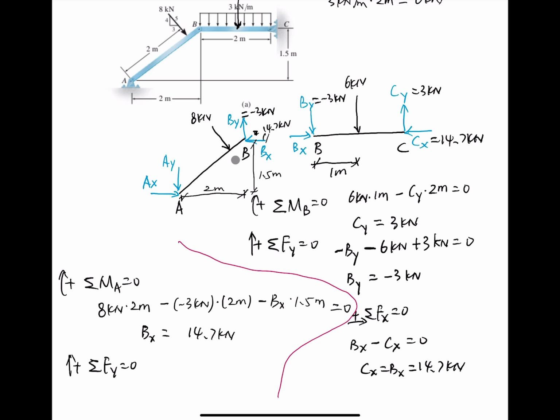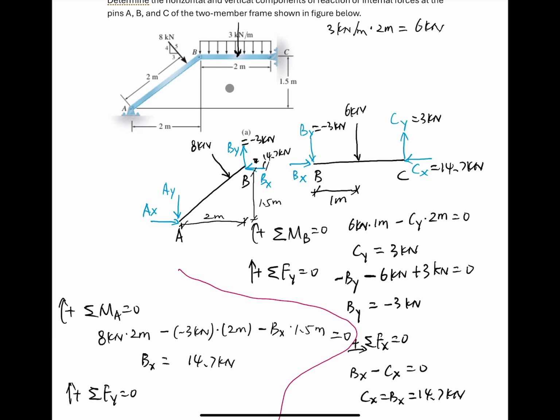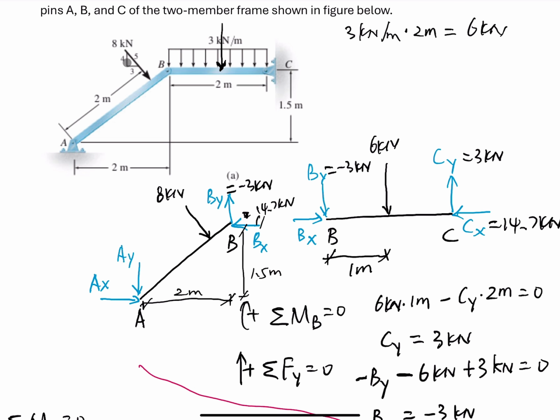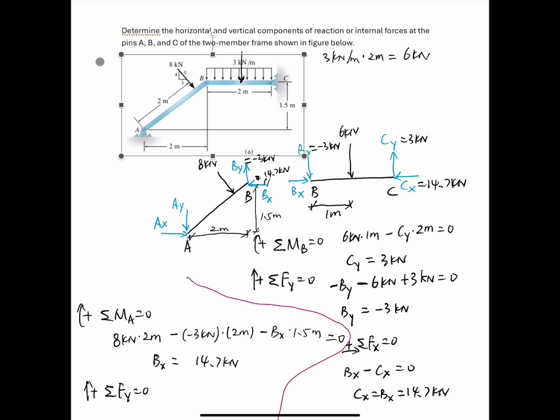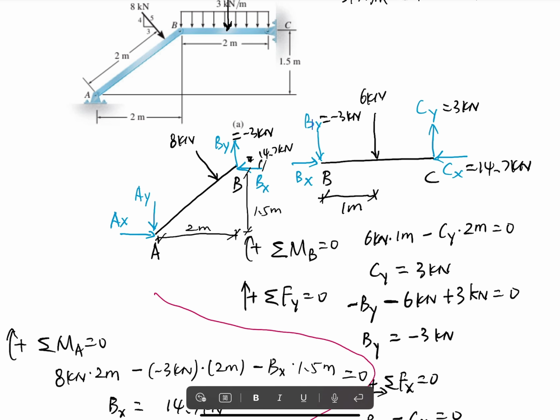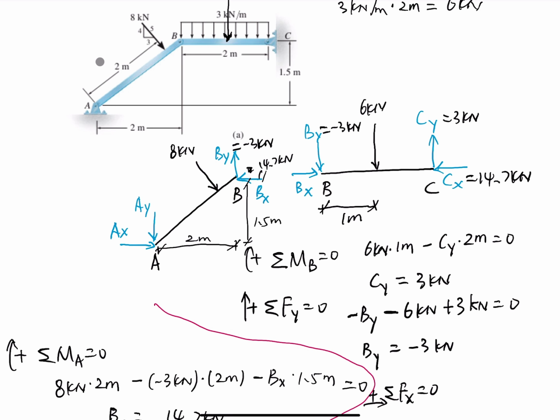The angle value is showing here. So this is an angle. So we have to calculate the components of 8 kilonewton. Let's draw the 8 kilonewton over here.